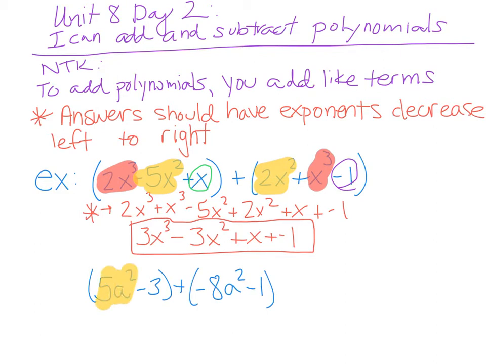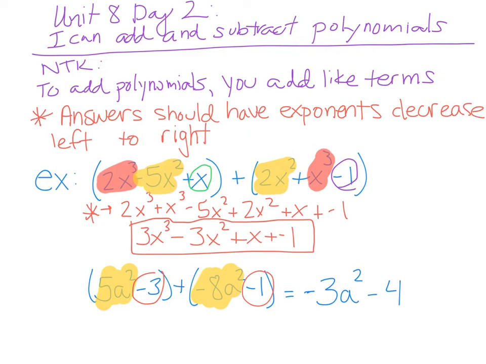Okay, what's the other a squared? Oh, negative 8a squared. Again, if you need to rewrite it, go ahead. If you can do 5 plus negative 8 is negative 3a squared, that's great. Notice the variable and the exponent don't change. And then the last step, combine those final parts. Negative 3 and negative 1, so that's minus 4.